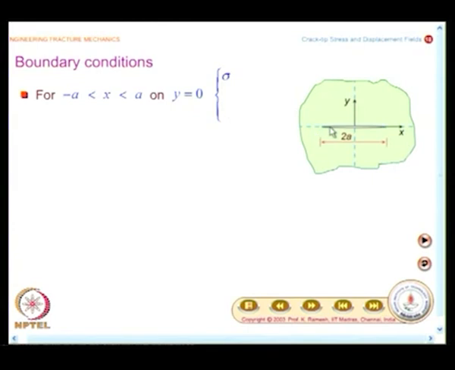So, when I have this as a free surface, you have the axis of reference given, which of the stress components should remain 0? See, we have sigma x, sigma y and tau xy. Of this, whether only one stress component should remain 0 or all the stress components should remain 0 or only some stress component should remain 0.